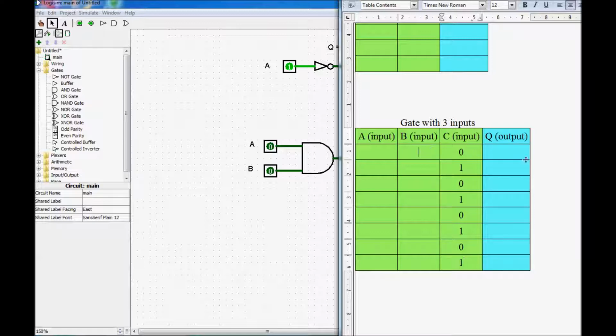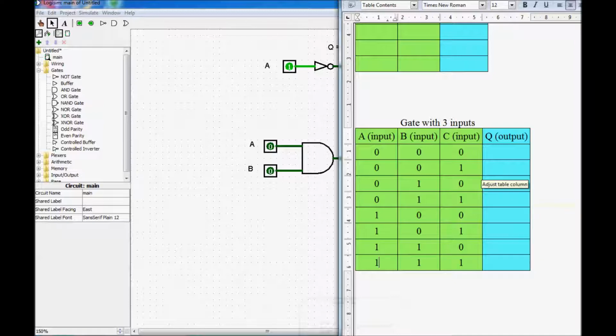In the second column we would write 0, 0, 1, 1, 0, 0, 1, 1, and in the third column we have to write 4 zeros, 0, 0, 0, 0, and here we have to write 1, 1, 1, 1. And if we had, for example, a gate with 4 inputs, then this table would be 2 times longer, and in the fourth column we would have 8 zeros and 8 ones.